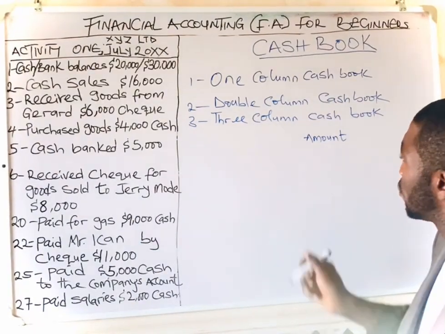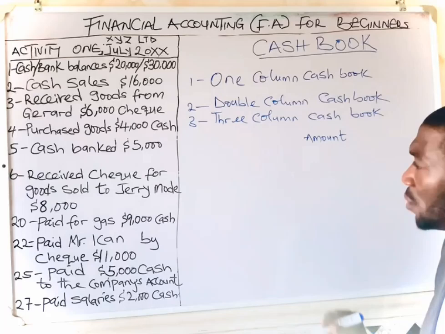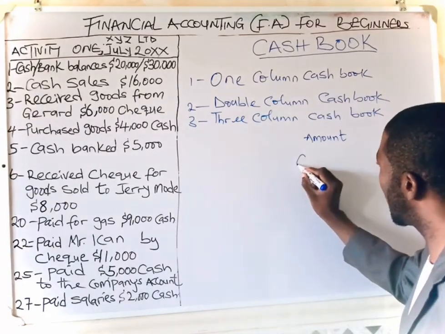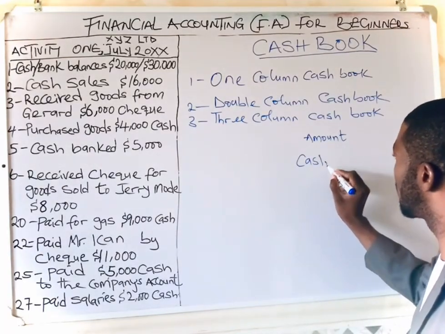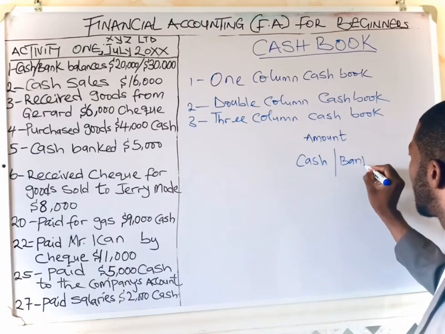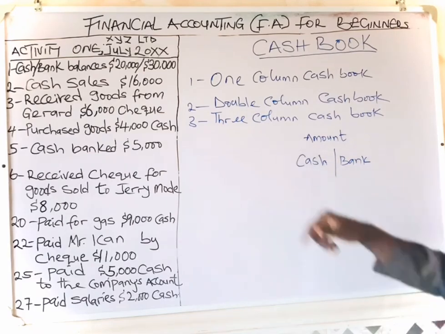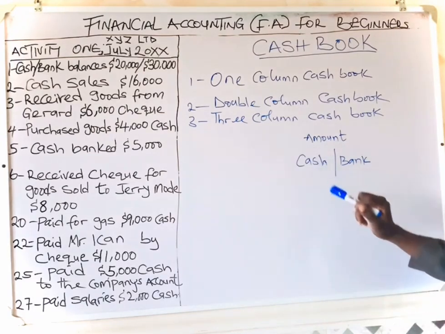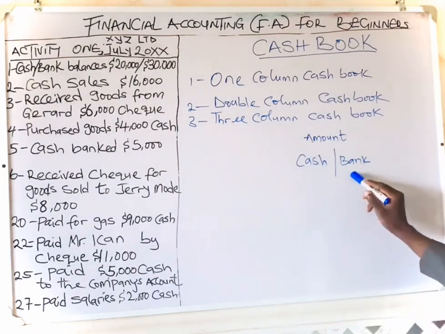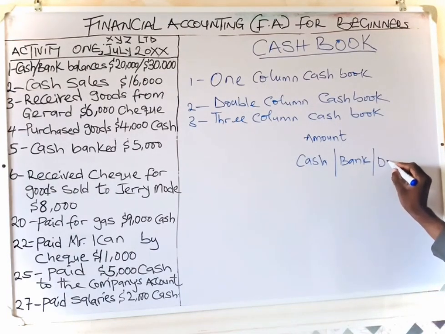And in 2 column cash book, the amount will be split into cash column and bank column. And in the 3 column cash book, we will have our cash column, bank column, and the addition of discount.